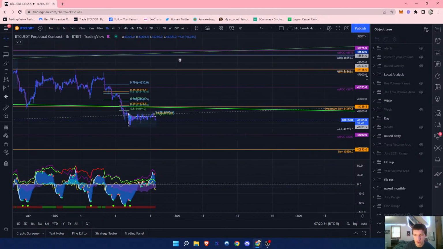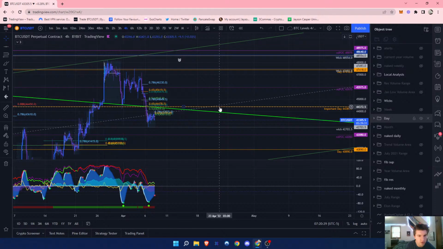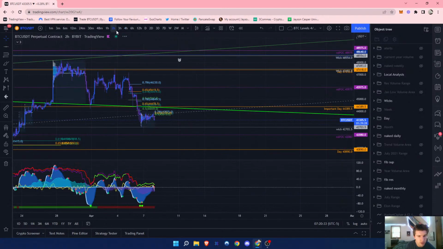Then of course, I've been saying this is an important resistance for quite a while, so I'm going to look at Market Cipher, and this would probably be a 2 hour to 4 hour swing play. You can see money flow has been coming down, it's pretty thick. Momentum waves have been coming down, RSIs have been just chilling.